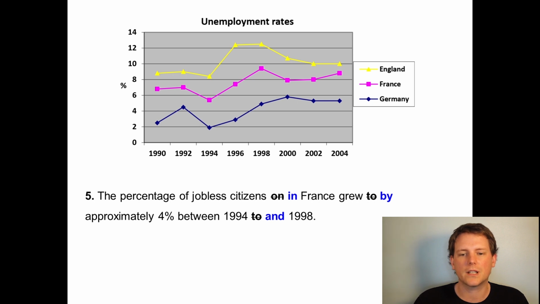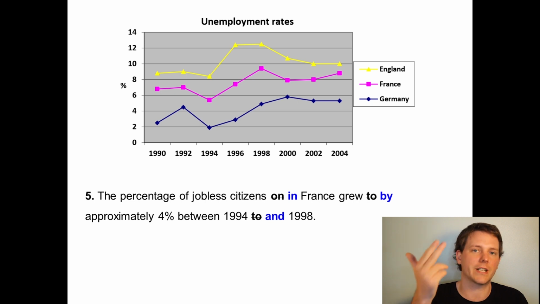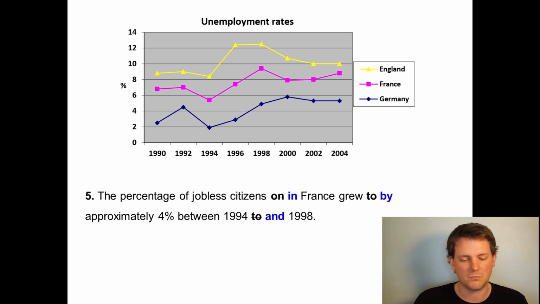Between 1994 and 1998, 94 and 98, France is that straight line. 1994 is about 5%. In 98 it's about 9%. So 5, 6, 7, 8, 9, 4%. Grew by approximately 4%. Between 1994 and 1998, between a date and another date. These collocate together. It's the way it's got to be.